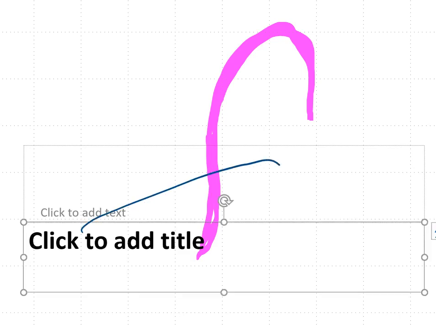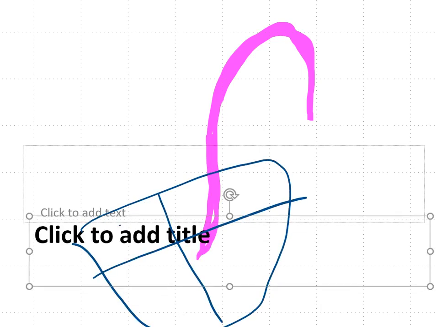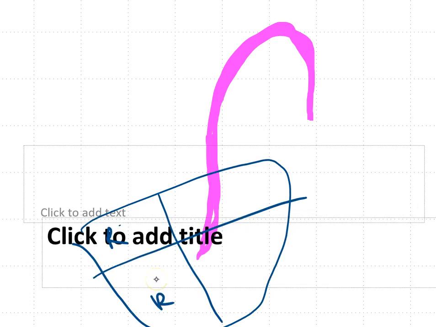Just imagine if this is our heart, we have right atrium, right ventricle, left atrium, left ventricle. This aorta comes from the left ventricle. So when it goes out of the heart, we call this part the ascending aorta.